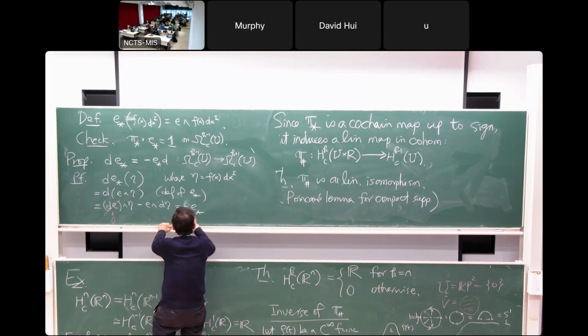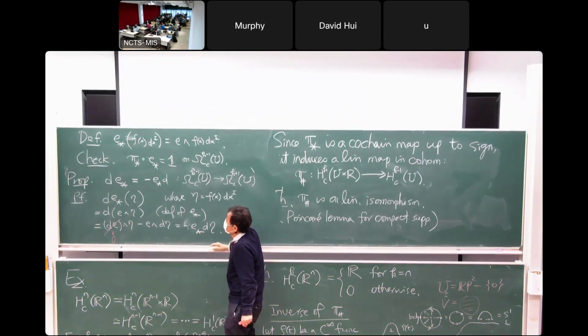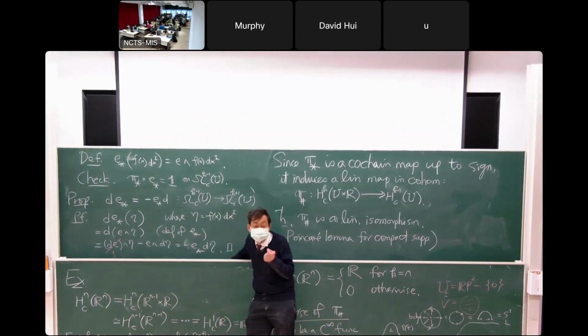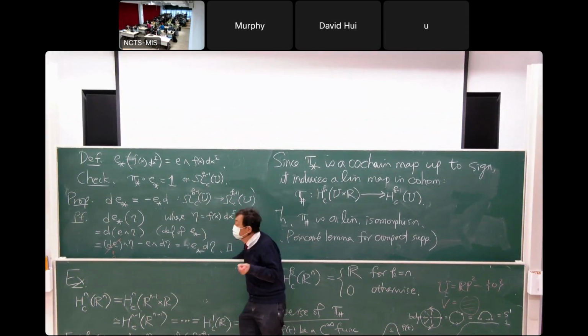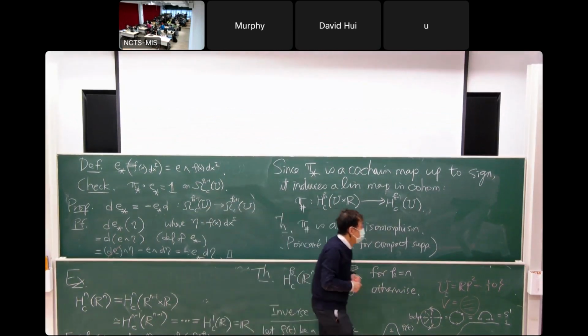You get minus E lower star of d eta. Okay, so that's the proof. And because E lower star commutes with d up to sign, it induces a linear map in cohomology. Okay?